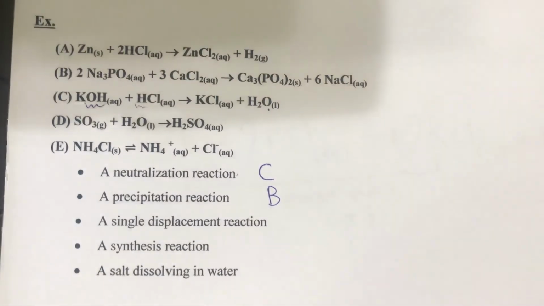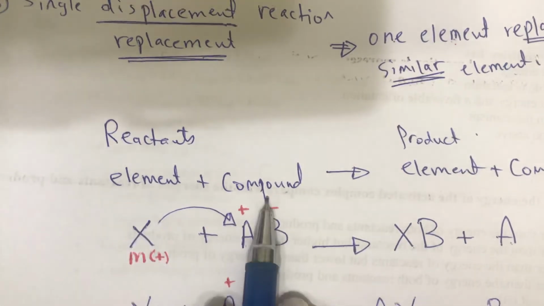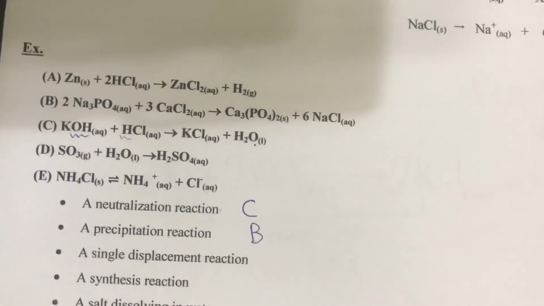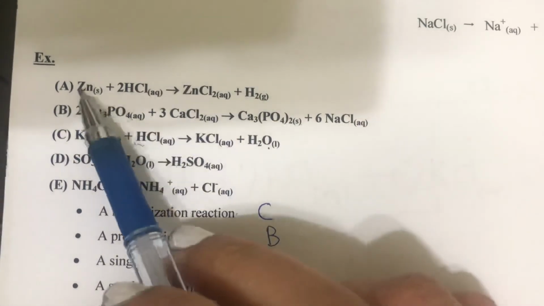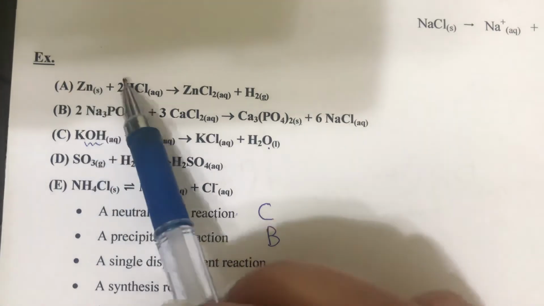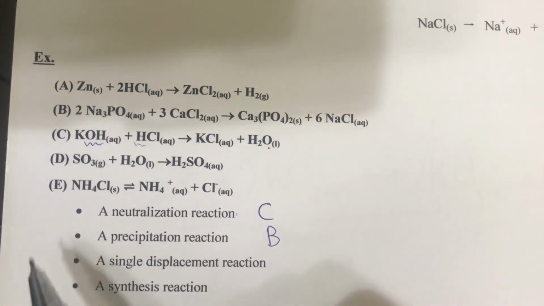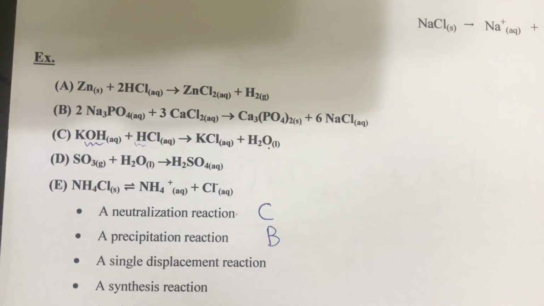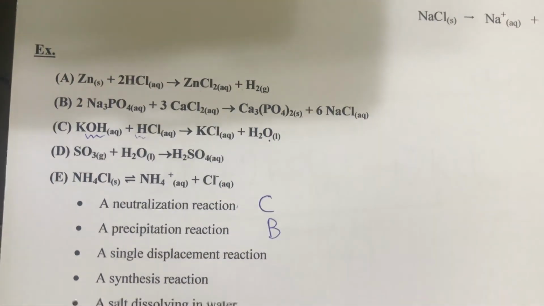Now a single displacement reaction. You have to remember single displacement reactions mean element plus compound. So here you have to find the reactants element plus compound. So here element plus compound, and here a metal replaces hydrogen. So instead of HCl, ZnCl2 and hydrogen. So it's a type of single displacement reaction.